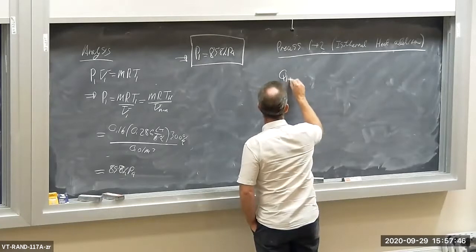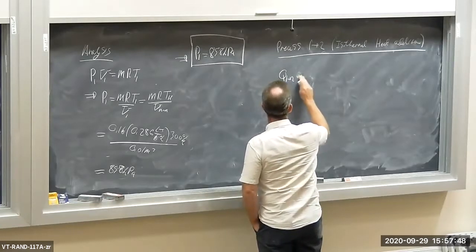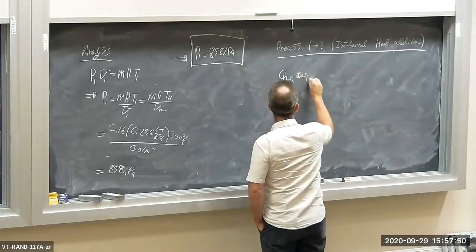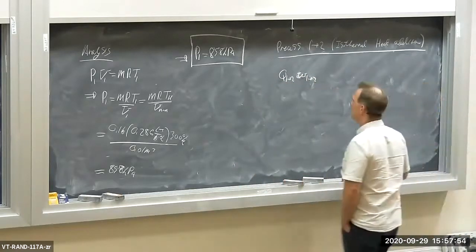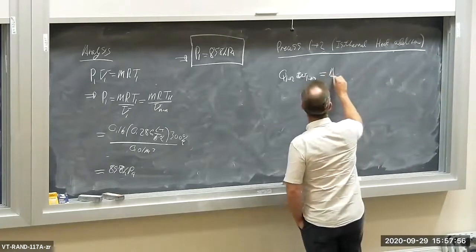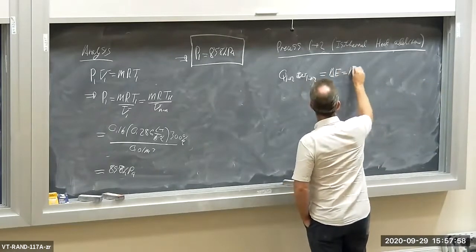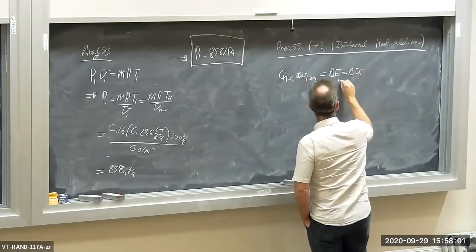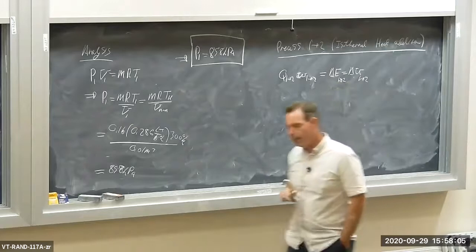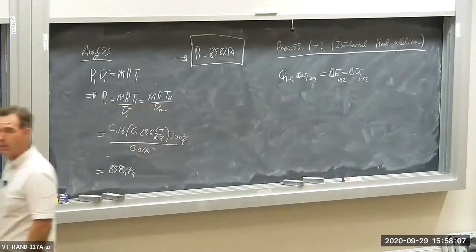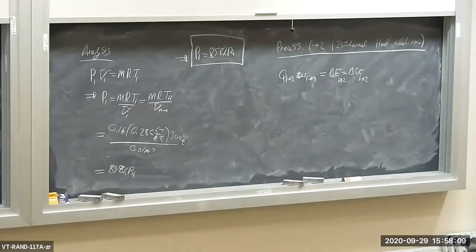So let's see here. Q1 to 2 minus W1 to 2 is equal to delta E, which is equal to delta U. Actually, I need to start doing some assumptions here. I'm going to assume ideal gas behavior, and negligible changes in kinetic and potential energy.